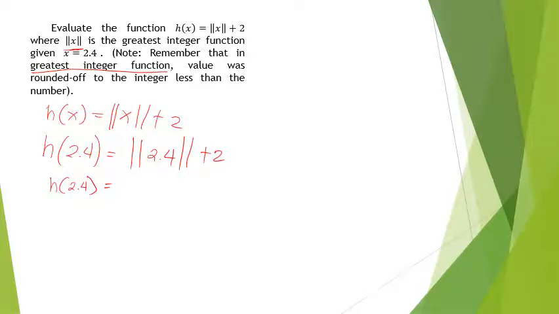Pag sinimplify natin dito, naka-note dito, remember na kapag nag-evaluate ng greatest integer function, the value was rounded off to the integer less than. Ano bang ibig sabihin pag integer? Pag sinabi nating integer, ang mga possible values lang niya ay pwedeng negative, pwedeng 0, pwedeng 1, pwedeng 2, pwedeng 3.